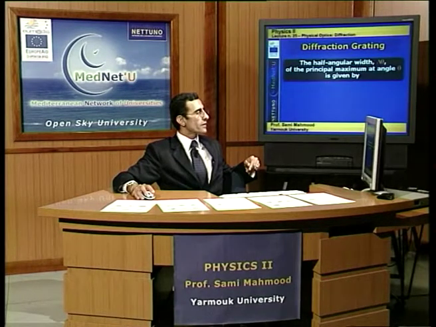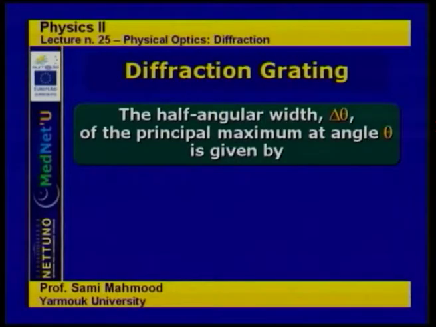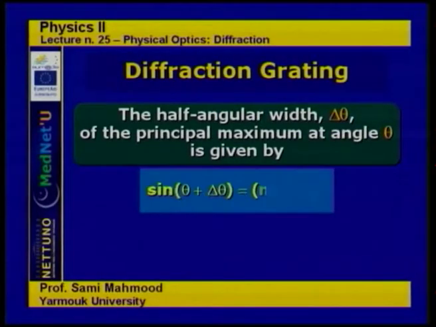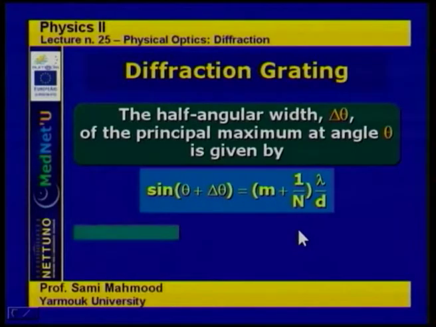The half angular width Δθ of the principal maximum at angle θ is given by the previously determined formula: sine of (θ plus Δθ), where Δθ is the angular width of the principal maximum, is equal to (m plus 1 over N) times λ over d, because Δθ was determined previously.